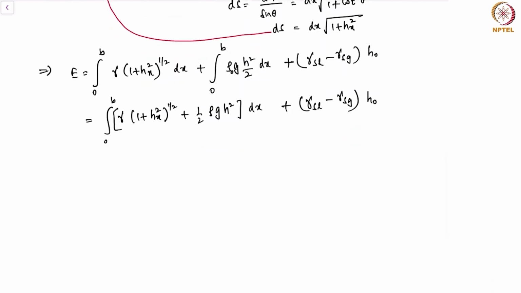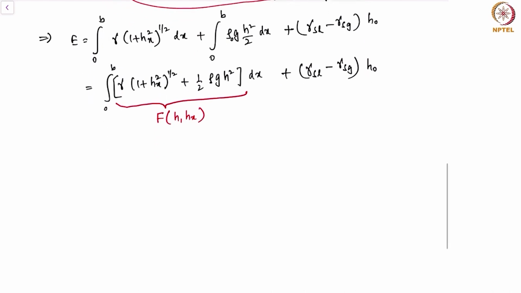Okay. Now if you notice here, this quantity, the integrand here, this is of the form f of h comma hx.